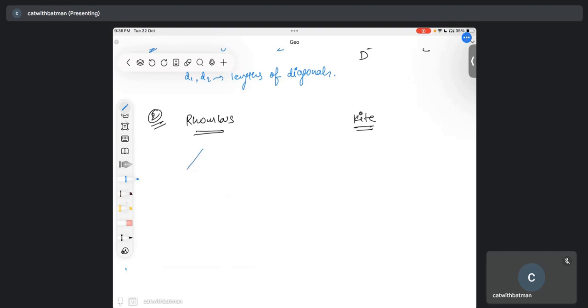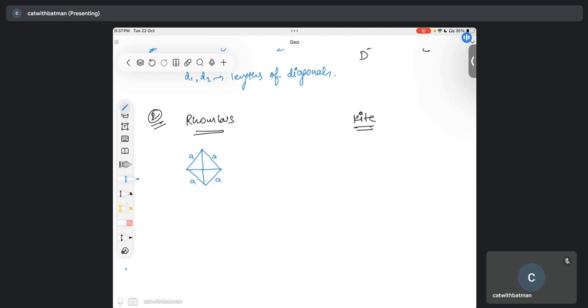But in a square, all the angles are 90 degrees. In a rhombus, that is not true. All the sides are equal, like if this is A, this is A, this is A, this is A. But these angles may or may not be 90 degrees. That is how they differ from a square. In a square, all the sides are equal, as well as all the angles are equal to 90 degrees.